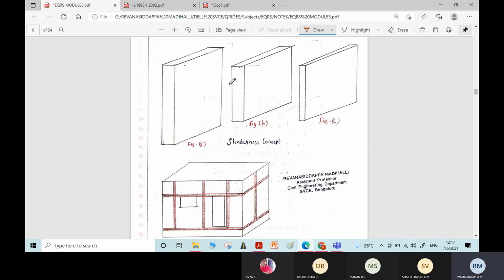You write as it is. Whatever proportionality I have maintained in drawing these three walls, you also maintain the same proportionality with respect to the thickness and the height.